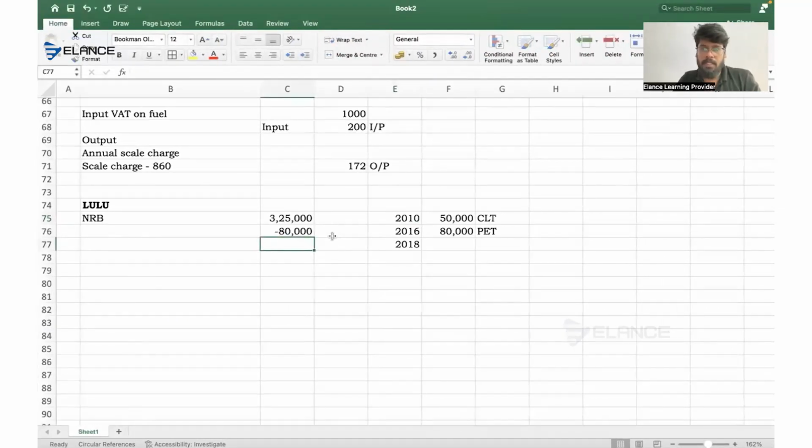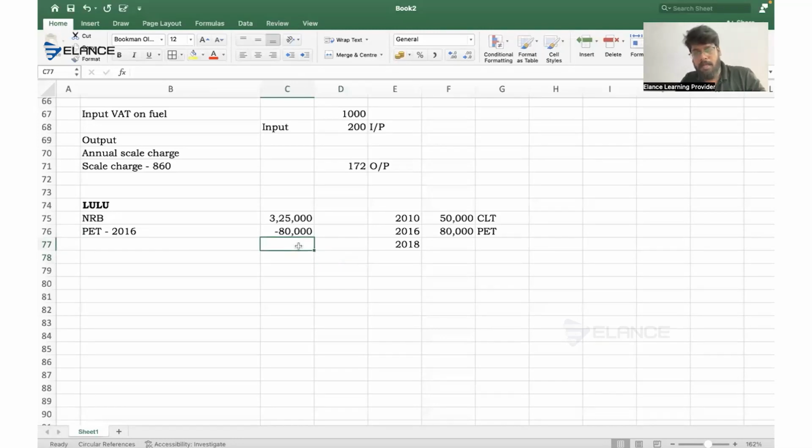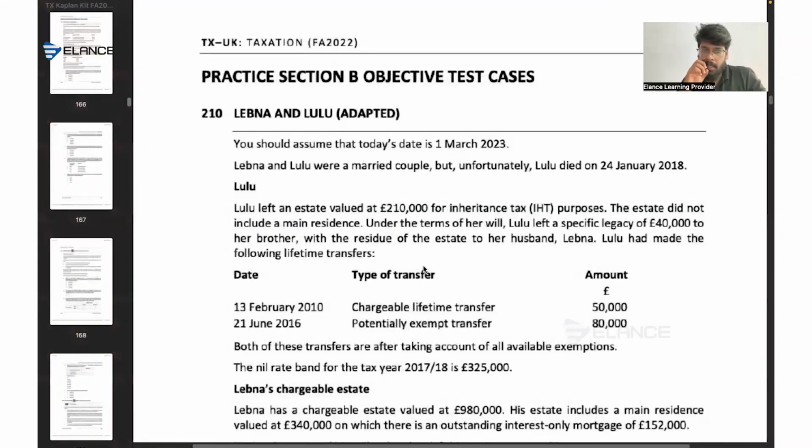Okay. So on the death of Lulu, this 50,000 will not be a chargeable transfer, and the PET in 2016 will be chargeable on death. So on the death, the 325,000 nil rate band is available, 80,000 is already used for 2016's transfer, and he had a 210,000 value death estate, and the death estate does not qualify for residential nil rate band.